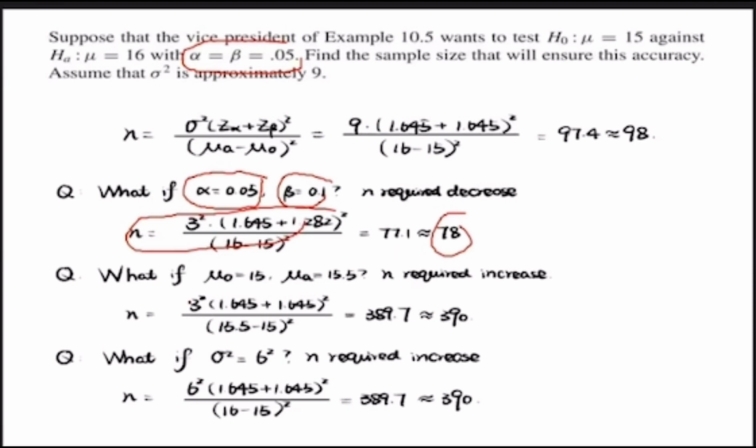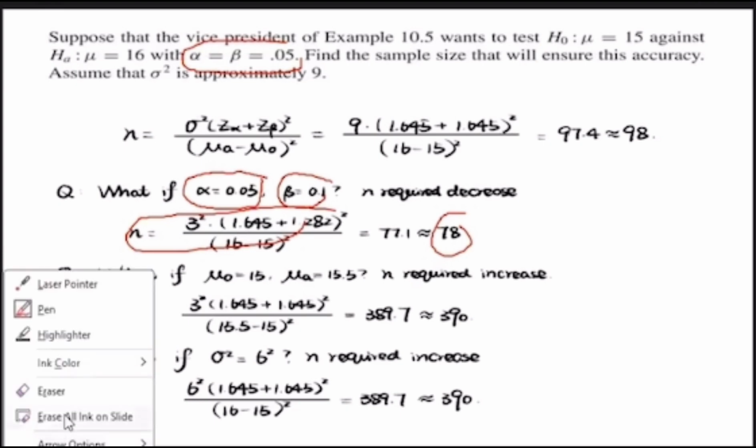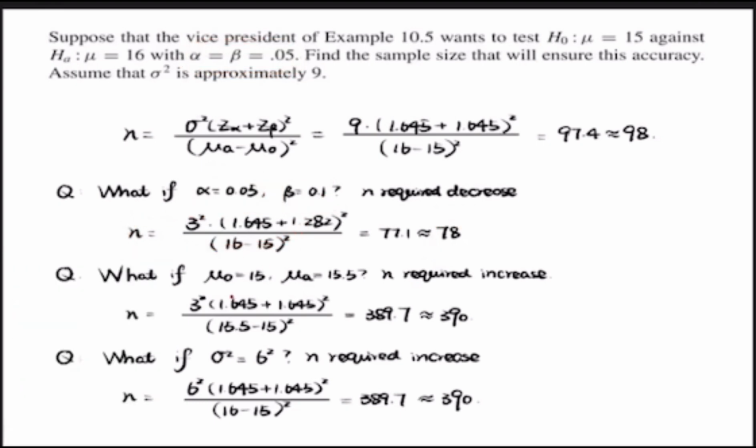Now, let us look at the effect when the alternative is decreased. Initially it was 16, and alpha and beta stay the same at 0.05. When that is decreased, what has happened? The gap has decreased. When the gap has decreased, then you need a much larger sample size.